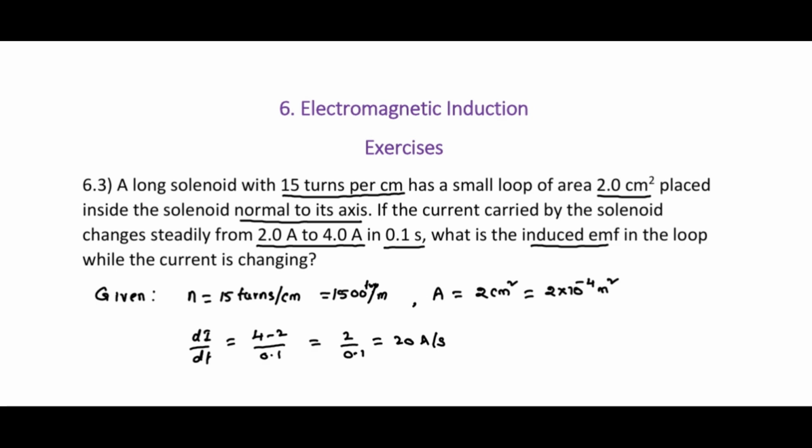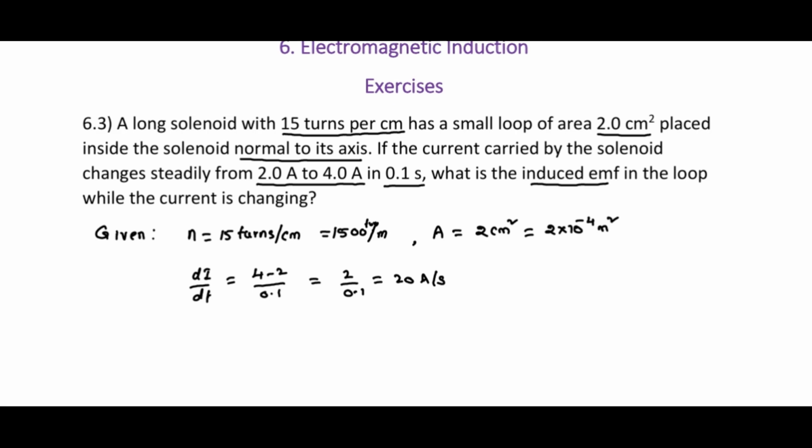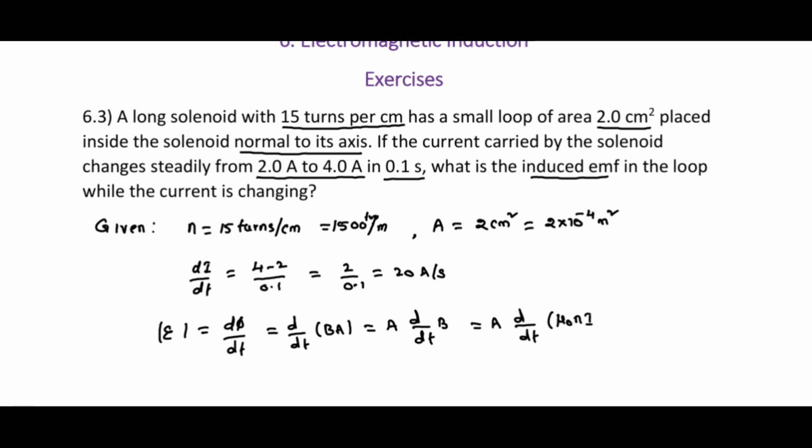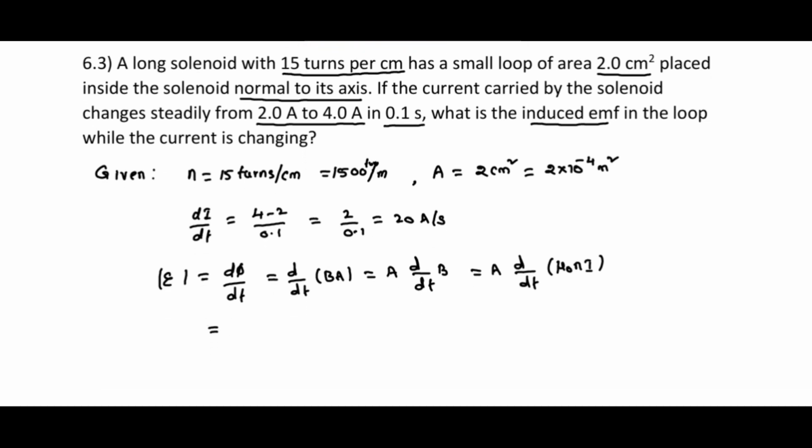And what is the induced EMF? The magnitude of the induced EMF is equal to d phi by dt, that is equal to d by dt of flux, which is nothing but BA, that is A into d by dt of B. The magnetic field due to the solenoid will be mu naught n i, and mu naught n is also constant.